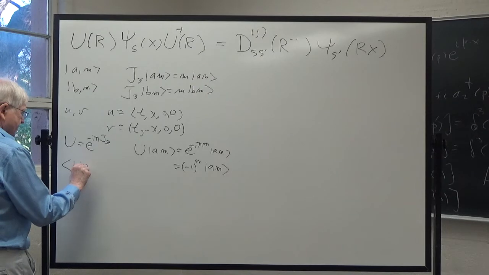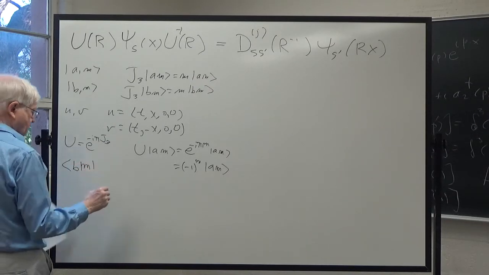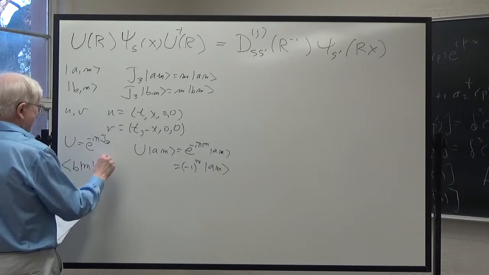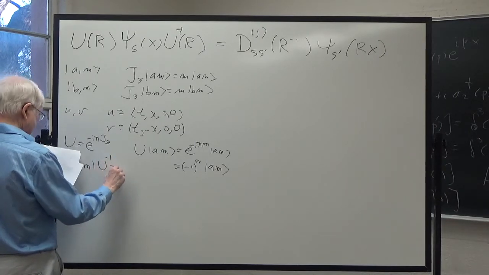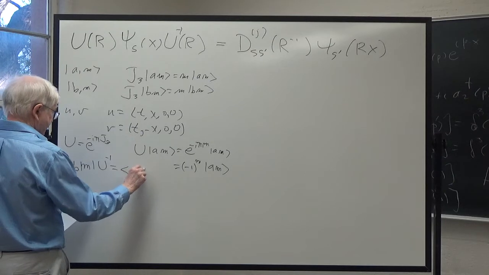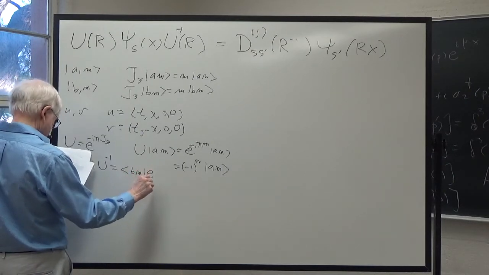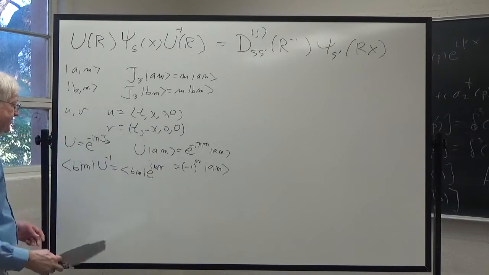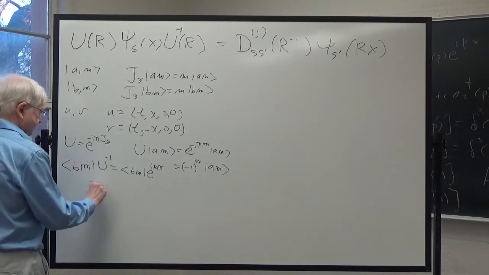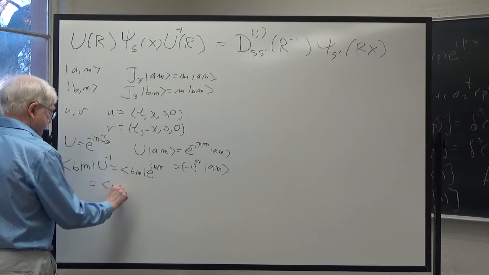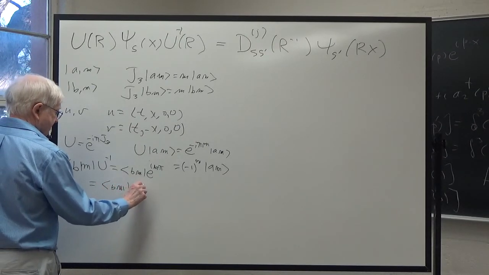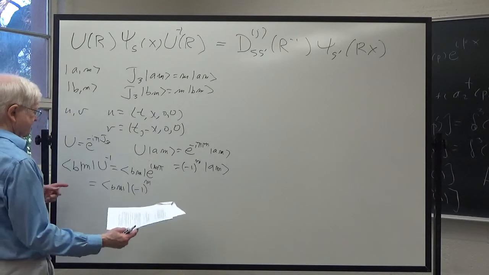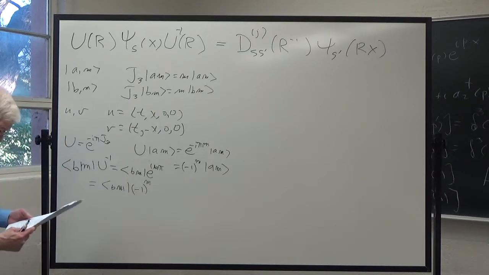So B m U inverse is going to be B m e to the i m pi, which is to say B m minus 1 to the m, and so essentially one is the adjoint of the other.